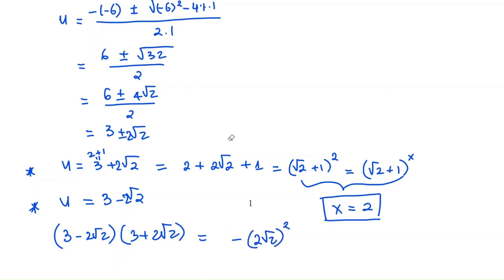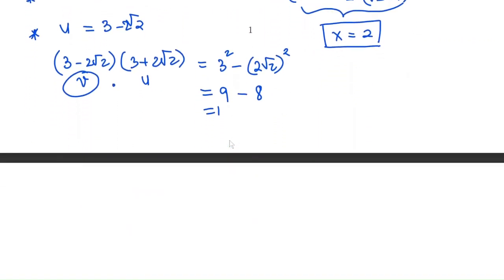I put 3 squared because it's easy to follow. And this is 9 minus 8, which equals 1. But earlier we made 3 plus 2 square root 2 be u, so this one is going to be v.